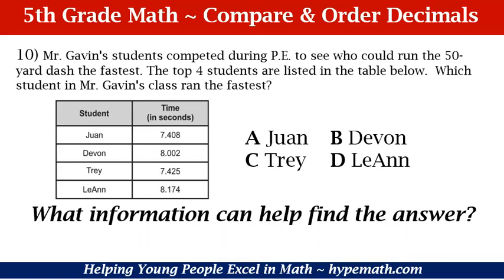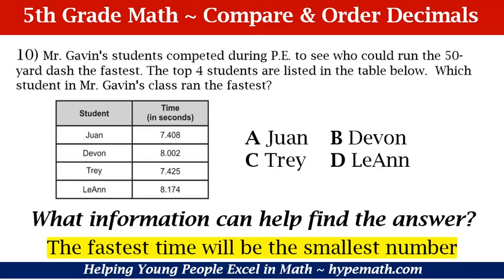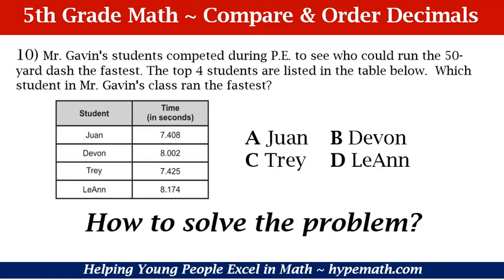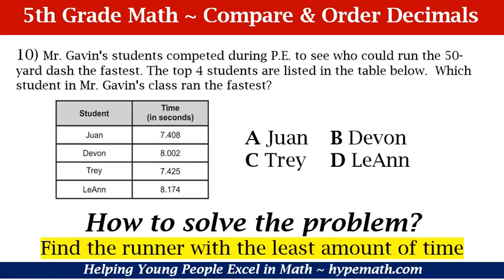What information can help us find the answer? In order to find the fastest time or the fastest student, they will have the smallest number, okay? How do we solve the problem?